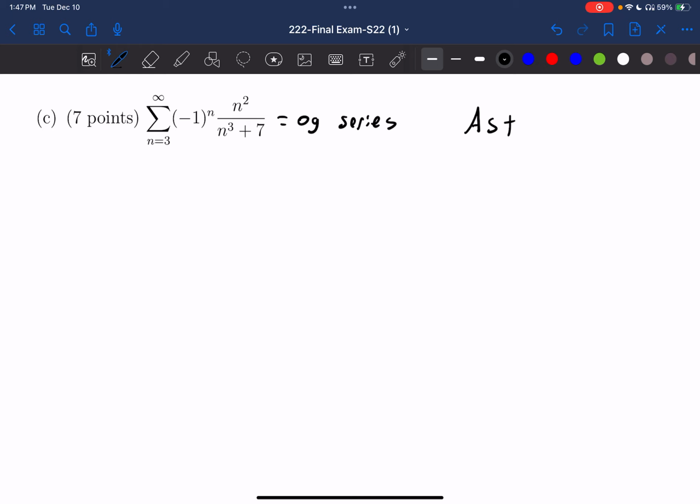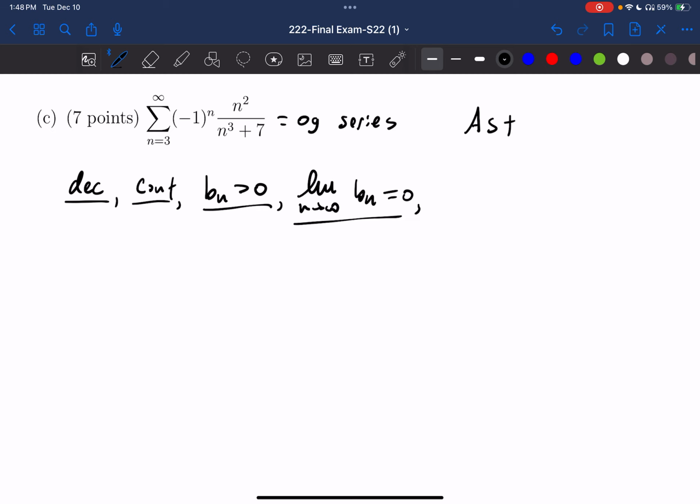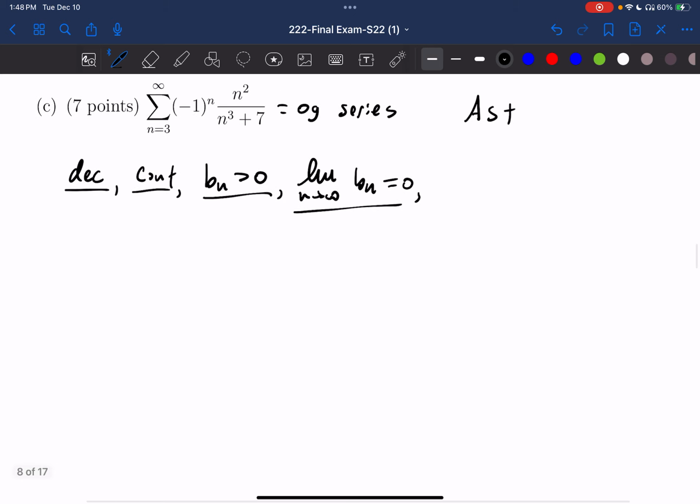The first being it needs to be decreasing, it needs to be continuous, it needs to be positive, or b of n needs to be positive, and the limit as n goes to infinity of b of n must equal 0.